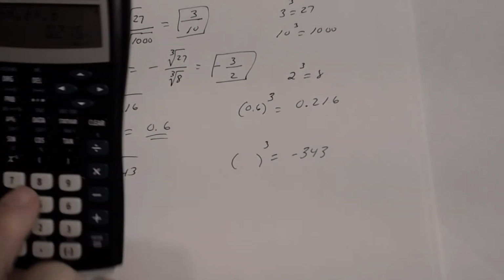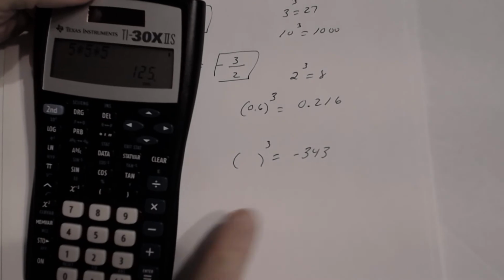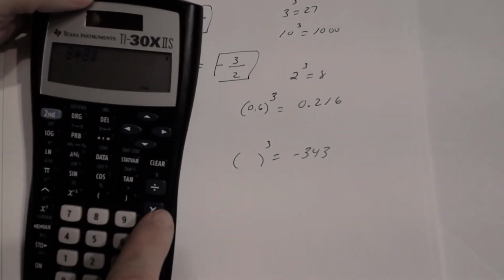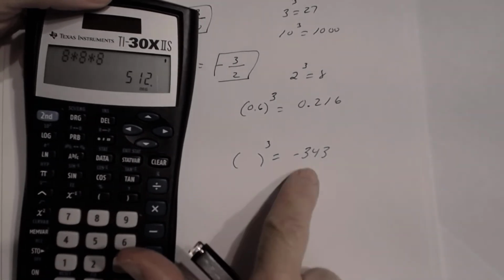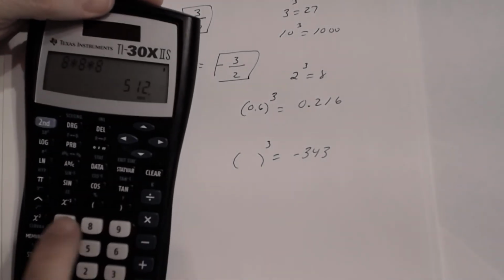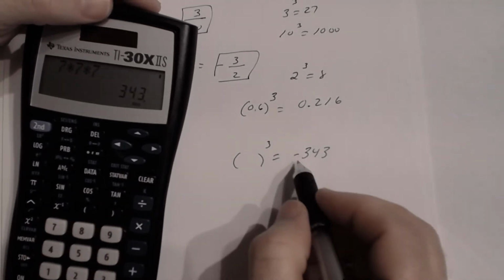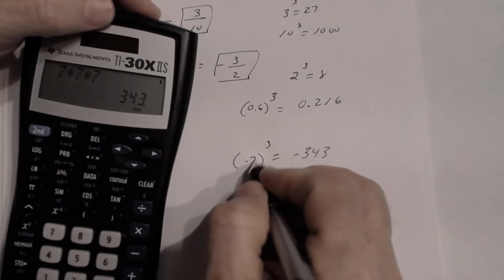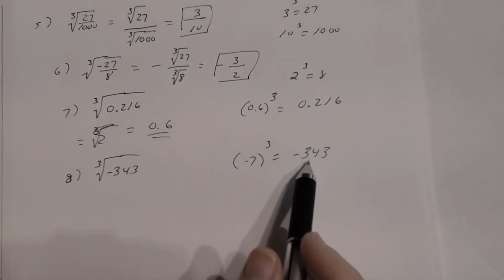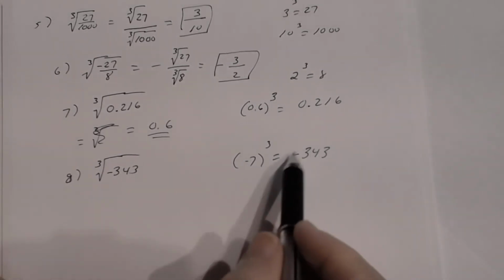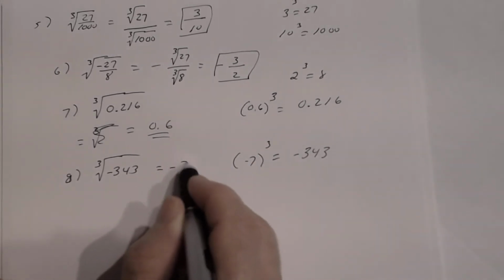Now 5 won't work, because 5 times 5 times 5 is 125. Let's try 8. 8 times 8 times 8 equals 512. I need 343, so let's try 7. 7 times 7 times 7, there it is. But is it 7 or negative 7? It's negative 7, right? So if negative 7 cubed is negative 343, then the cube root of negative 343 is negative 7.